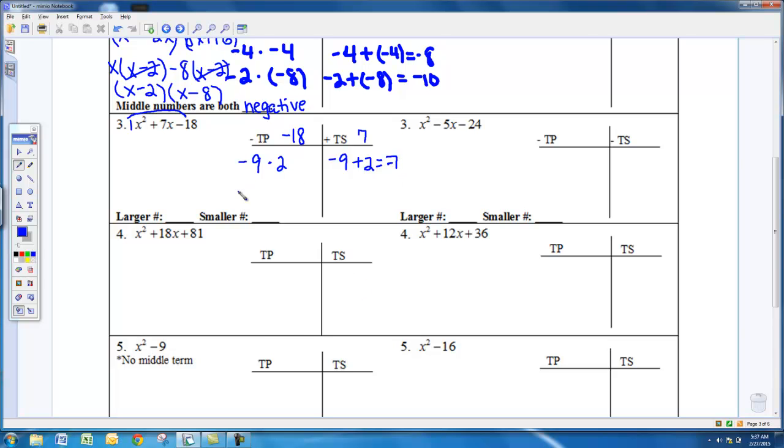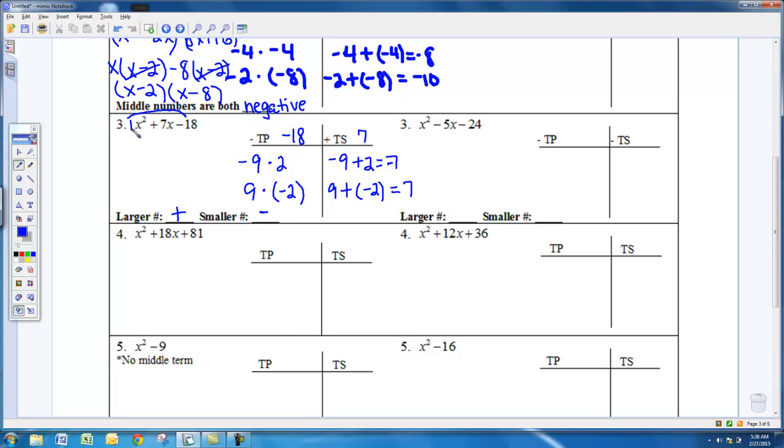Oh, so maybe I need to make the smaller one negative and the larger one positive. So 9 plus negative 2 equals positive 7. So notice that when the product is negative and the target sum is positive, your larger number has to be positive and your smaller number has to be negative.